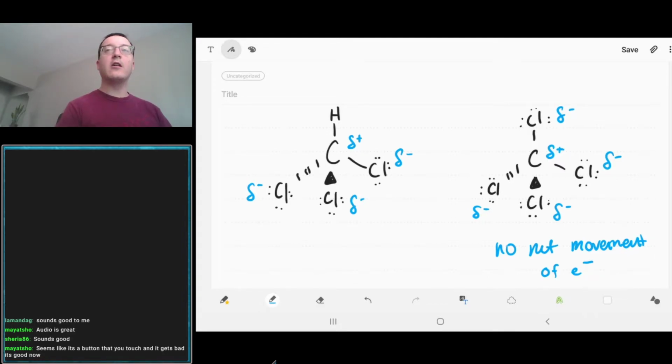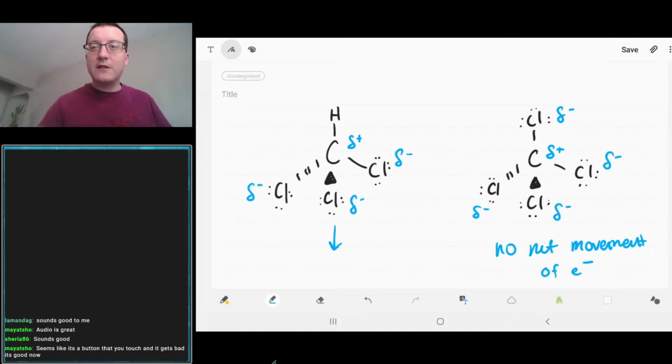So if you think all of these chlorines are kind of pulling on carbon a little bit, overall, that's going to end up pulling carbon's electrons just downwards, if that kind of makes sense. So we have three partial negatives all on the bottom, and we have no negative up top to cancel it out like we did with the other one. So as a result, everything's gonna be pulled down.